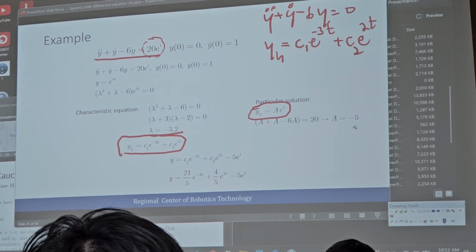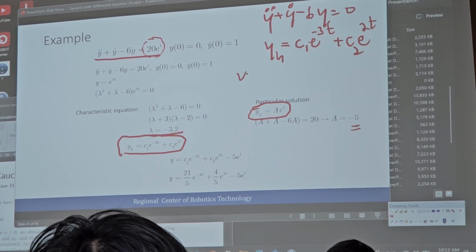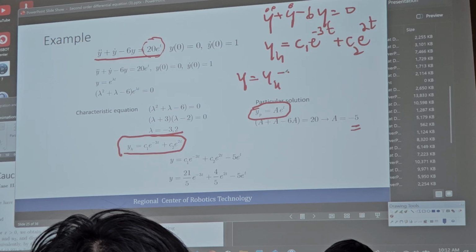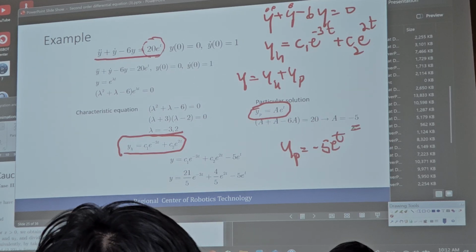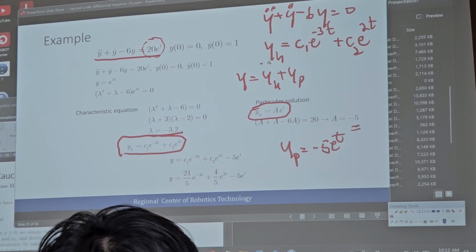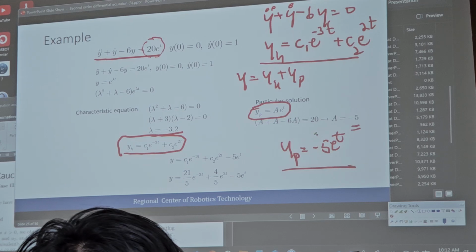You substitute, and you have a equal to 5. So your particular solution will be minus 5e to the t. This is the homogeneous solution, and this is the particular solution.